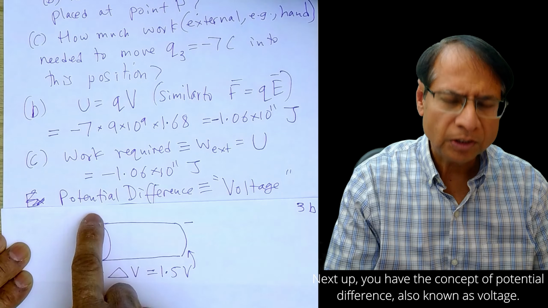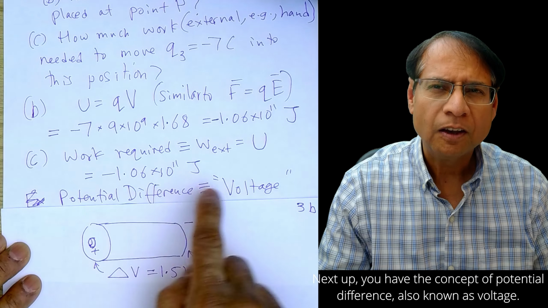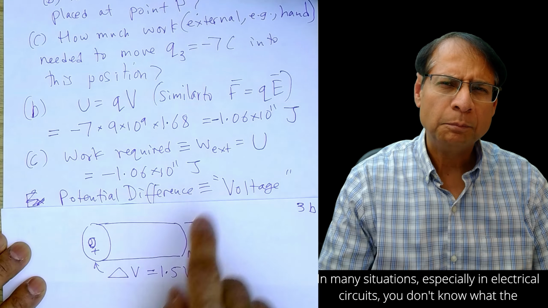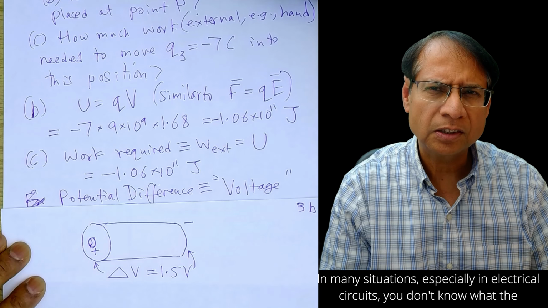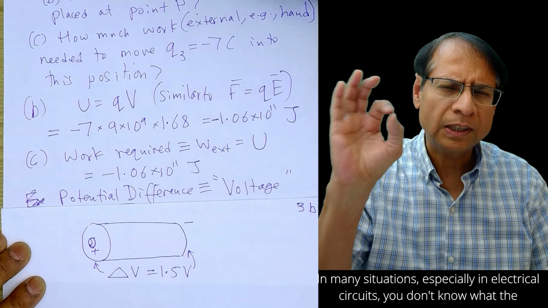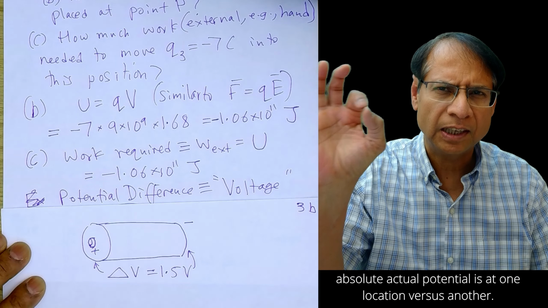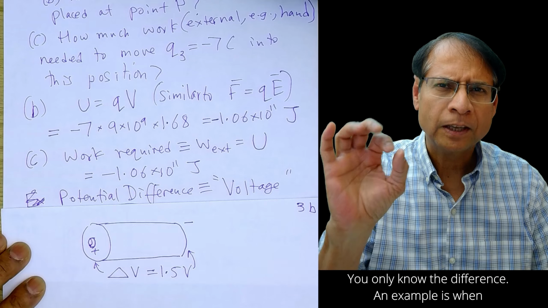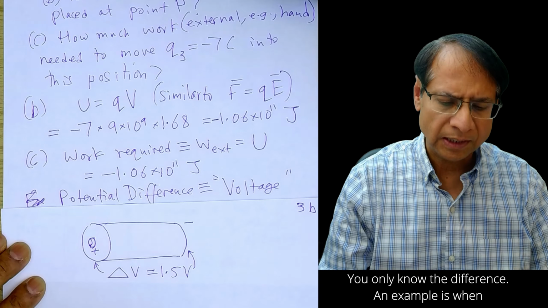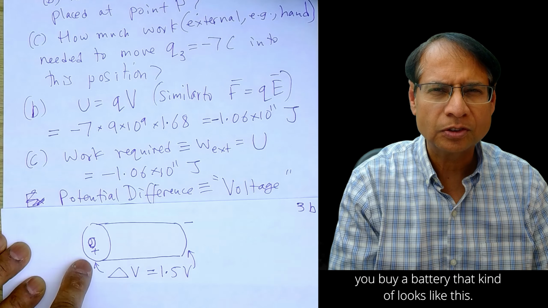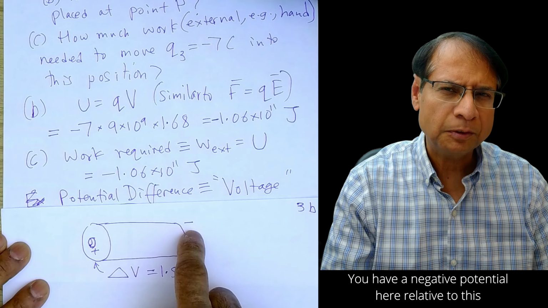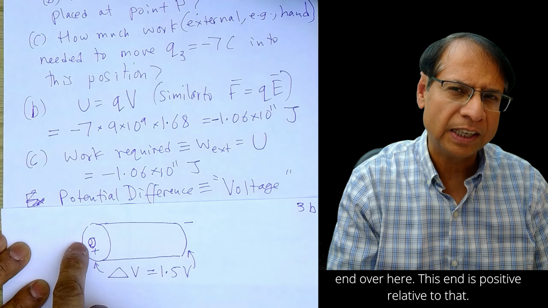Next up, you have the concept of potential difference, also known as voltage. In many situations, especially in electrical circuits, you don't know what the absolute potential is at one location versus another. You only know the difference. An example is when you buy a battery that looks like this. You have a negative potential here relative to this end over here.